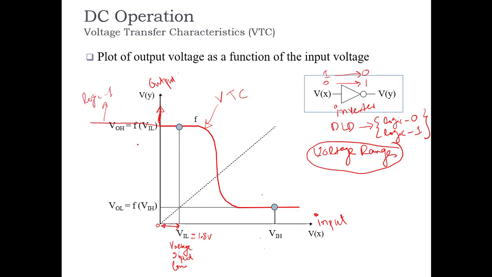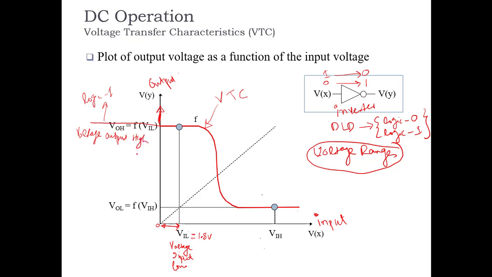The voltage produced by my NOT gate will be equal to or greater than VOH, and VOH stands for voltage output high.